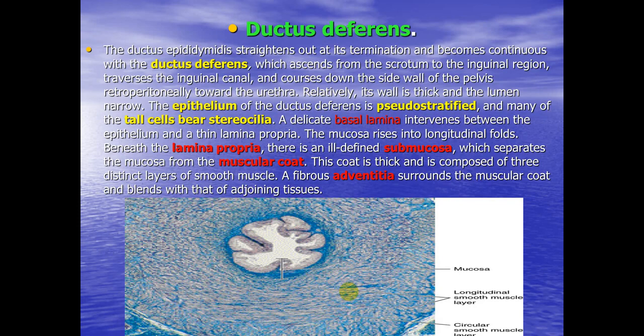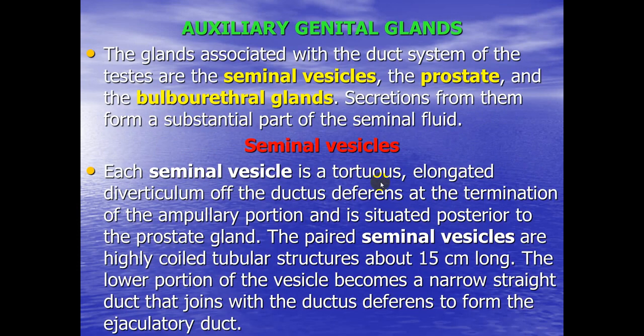These stereocilia beat in the direction of the ejaculatory duct and also push the newly formed sperm cells to the ejaculatory duct. So into the ductus deferens and ejaculatory duct, which is now combined with the urethra, open three accessory genital glands.